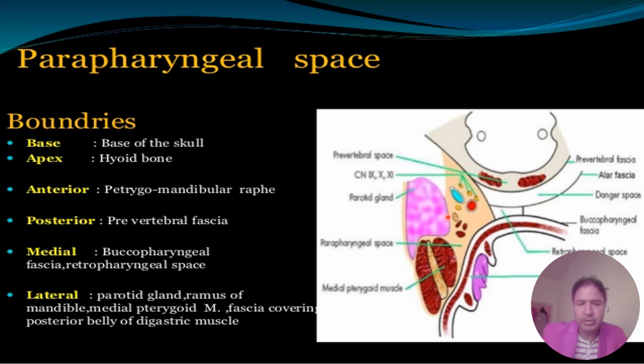So this is the lateral, this is the medial. Anterior is the pterygomandibular raphe, pterygoid and mandible. This is the parotid space.